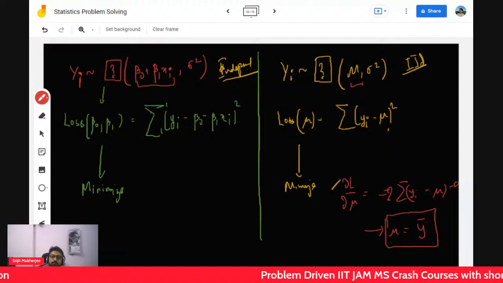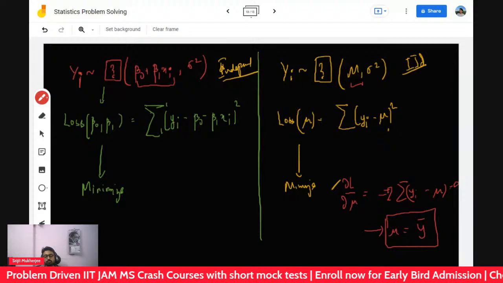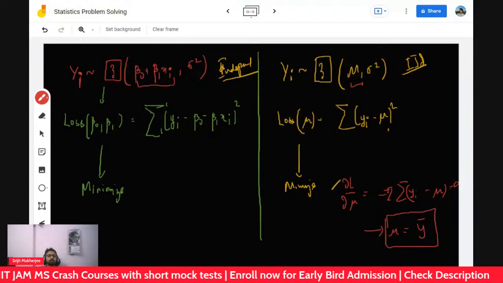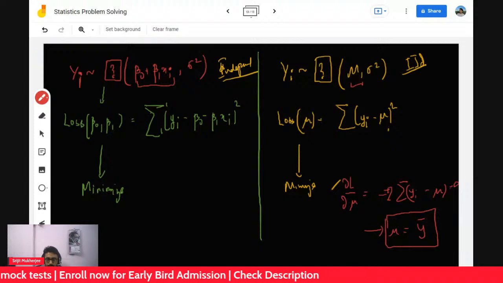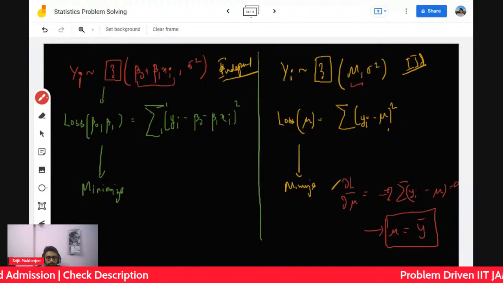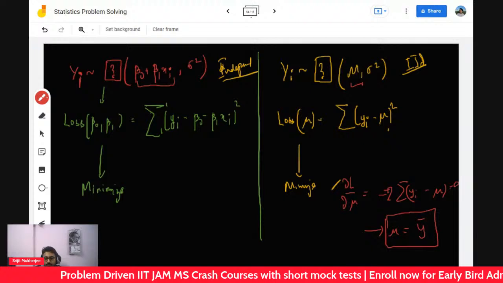Loss function is nothing but the distance, or a measure of the sum of square of the errors. It's considering all the errors possible and minimizing it. Very good.